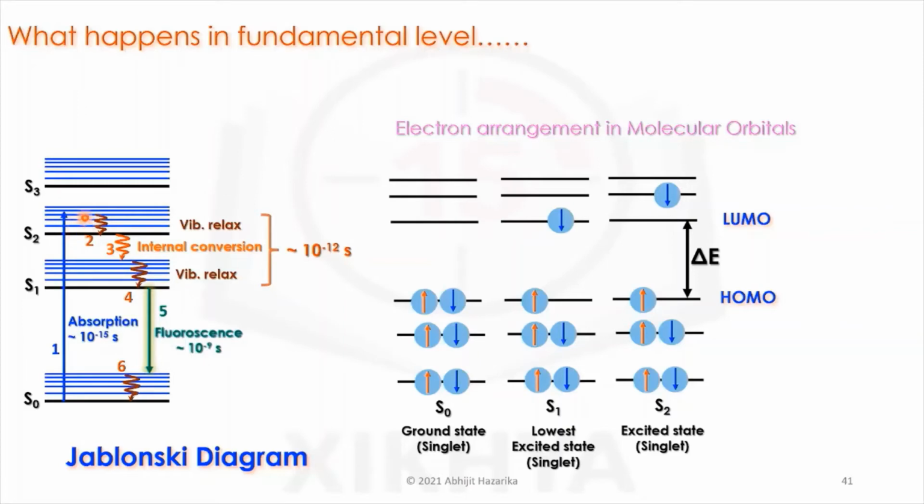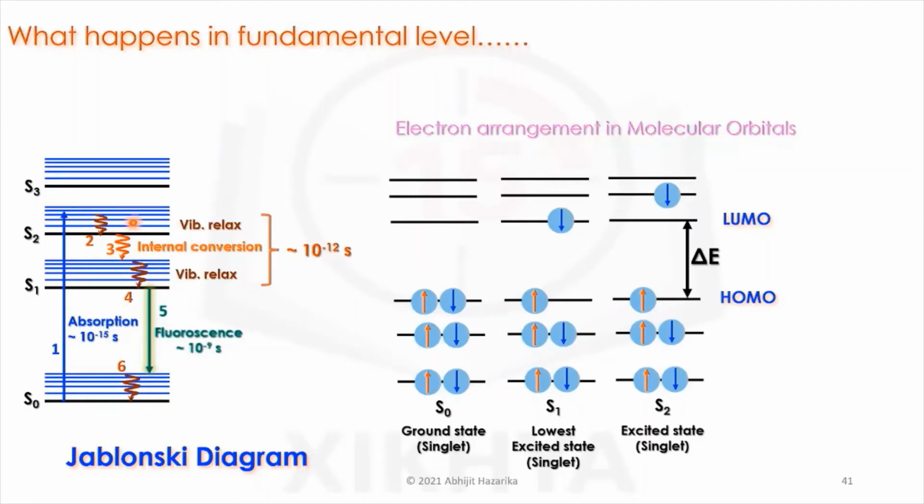And after the absorption, the system trickles down to the lowermost excited energy state, that is S1, by processes called vibrational relaxation or internal conversion. And eventually the system comes back to the ground electronic state S0 by the process called fluorescence.